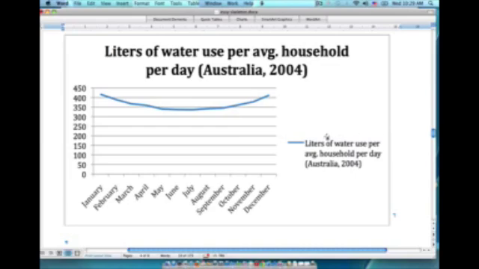So now here we can see that our y-coordinate is talking about the liters of water used per average household per day, and we can see that the figures are up around 400, between 400 and 350 liters per day in Australia in 2004.